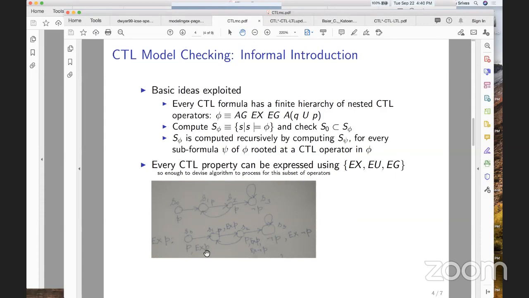So you've labeled every state for which EX of P is true.